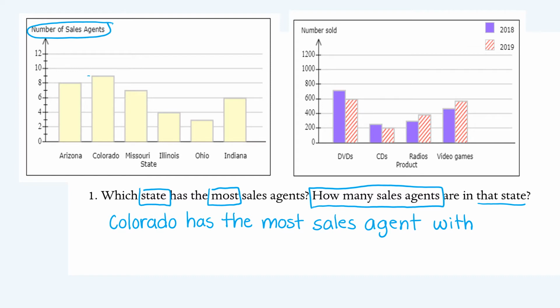So we'll need to take a look at the top of this and see where it lines up on our scale. It lines up at that dash mark that is halfway between 8 and 10. 9 is the number that is halfway between 8 and 10. So Colorado has the most sales agents with 9 sales agents.